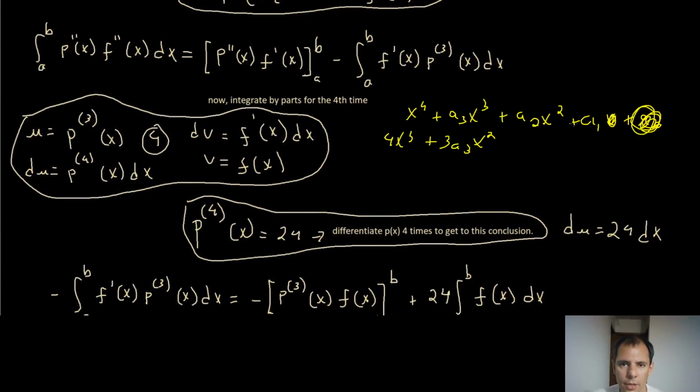The second time that you differentiate, you're going to knock this a1 out. So you guys know where this is going, because you should know this by now. You differentiate it once, you get 4x cubed. You differentiate it twice, you get 12x squared. You differentiate it 3 times, you get 24x. And if you differentiate it 4 times, you get 24. So that's how we know.